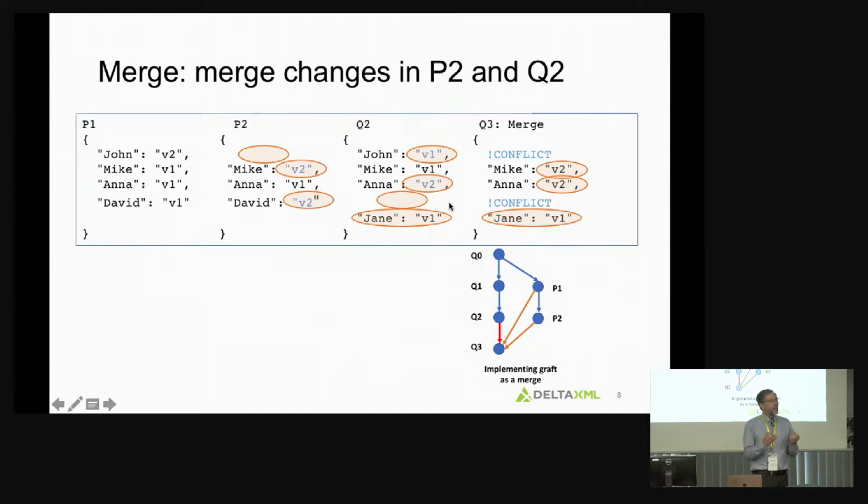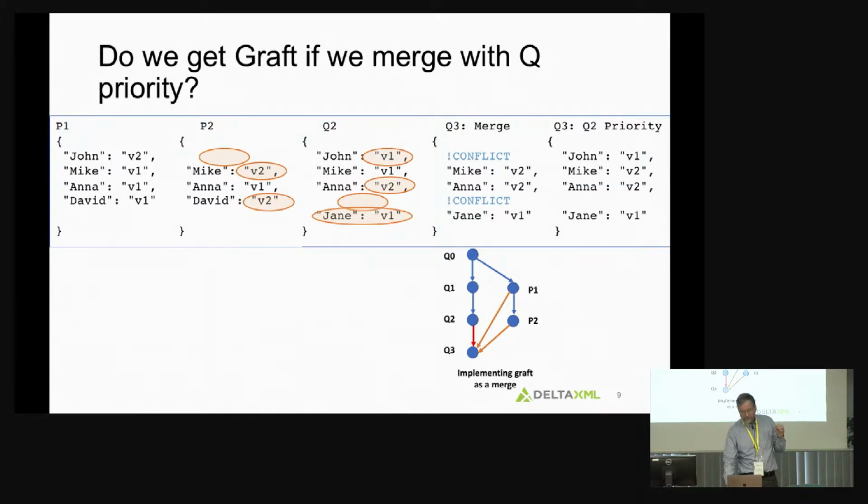So we have a situation here where merge is not giving us quite the results that we wanted if we were just trying to do a graft. Now, one of the common ways of resolving these conflicts is to say, okay, I'll choose my data or I'll choose their data, and that will override. So first question we need to ask is, well, would that work in this situation?